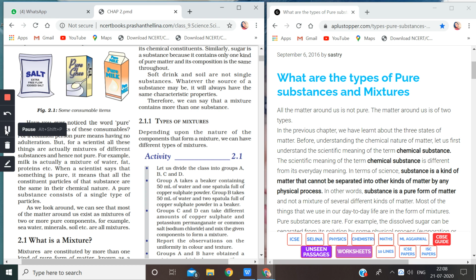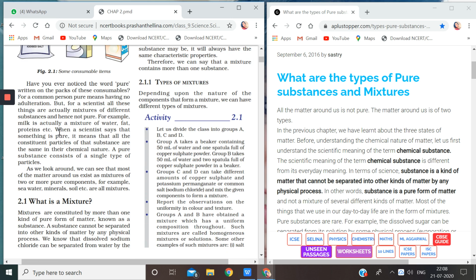But children, milk is not a pure substance. You should underline here on the page that milk is actually a mixture of water, fat, proteins, etc. Please underline this line. This can be a one marker question, okay?